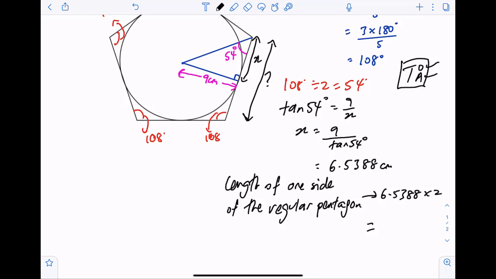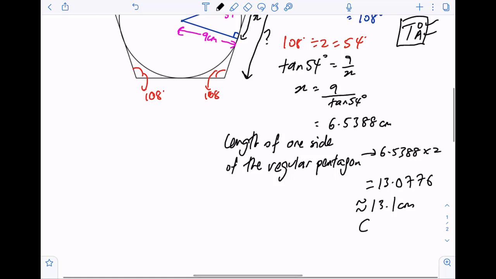That will give you 13.0776, round off 3 SF, 13.1 centimeter. This is rounded off again to 3 significant figures. Final answer 13.1 cm.